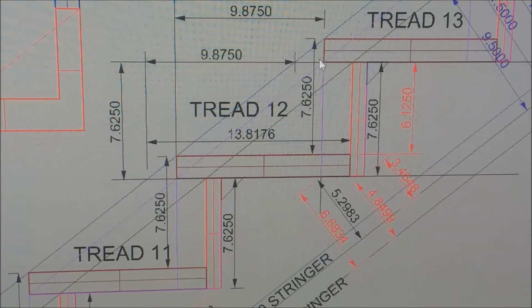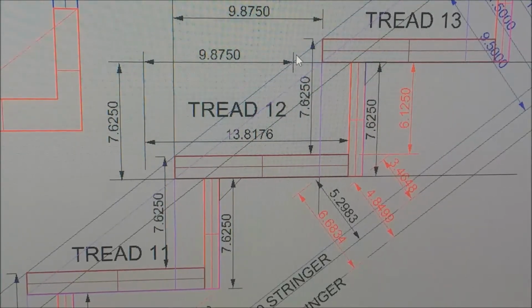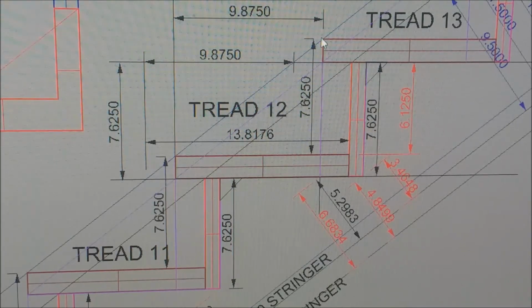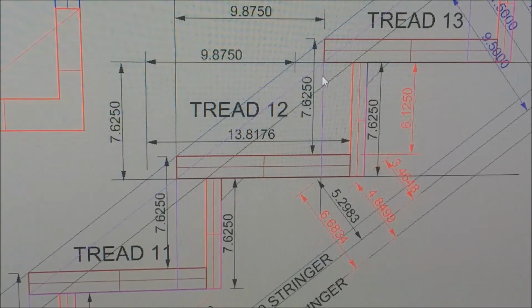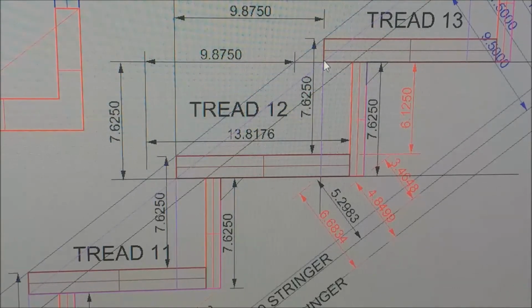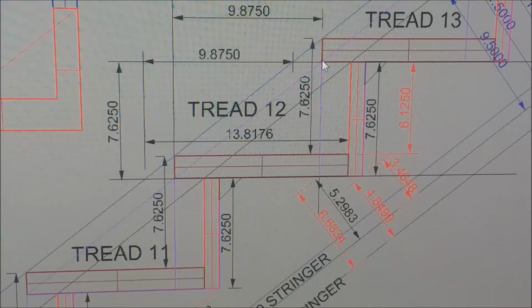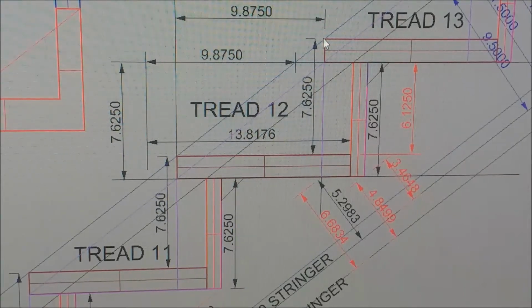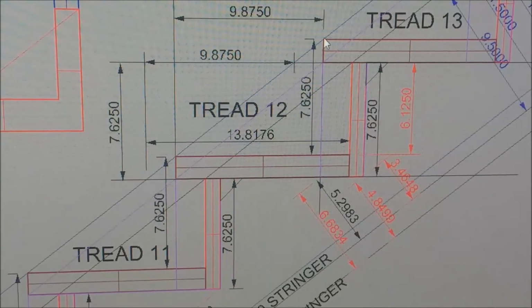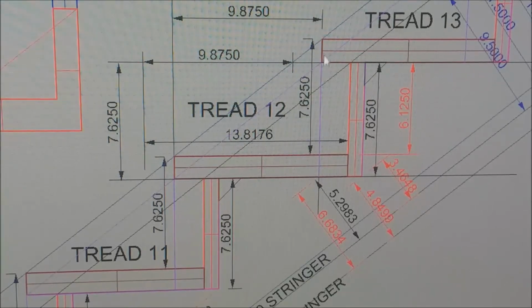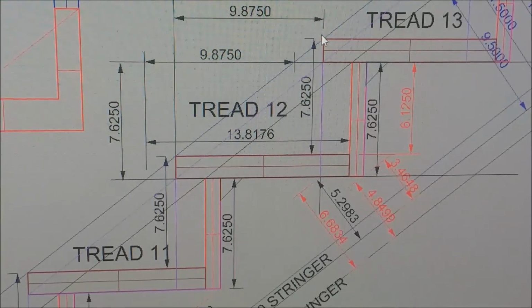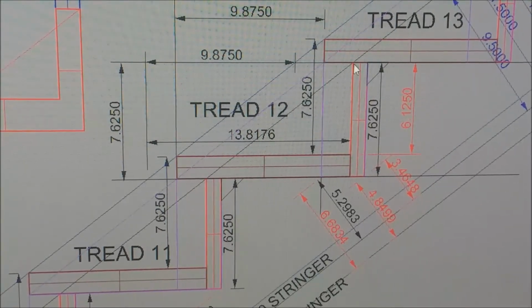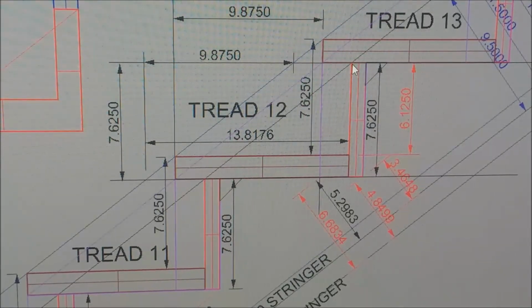Anyway, there are 3 places that you can put the edge of your lumber. You can put it at the nose of the tread. You can put it at the base of the tread. That's kind of the preferred method, actually. Except in industrial stairs, where you make this even with the top of it. Easier to clean it, sweep it, because you can sweep stuff off to the side. And so, choice 1, choice 2, and choice 3.